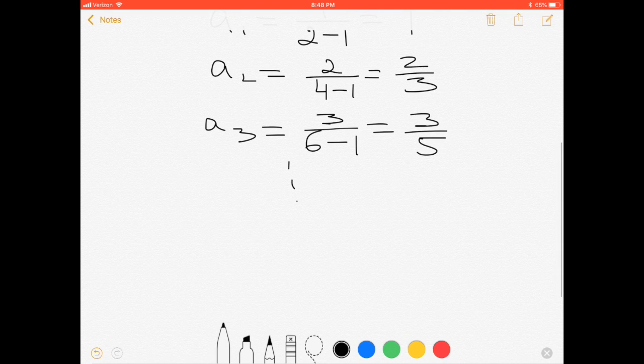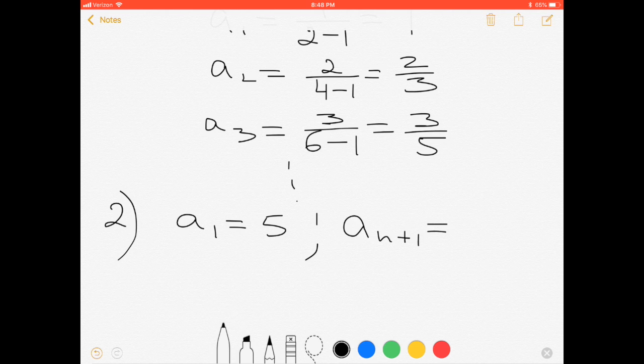But sometimes, example 2, you have a sequence with this kind of formula. For example, the first element is 5, and any next element you can compute using the element before. This means a_(n+1) equals a_n minus 2. What does that mean?